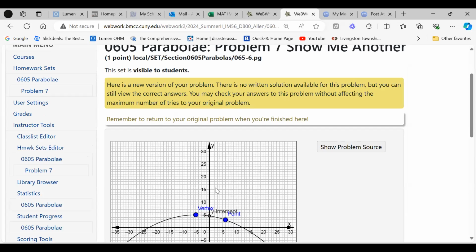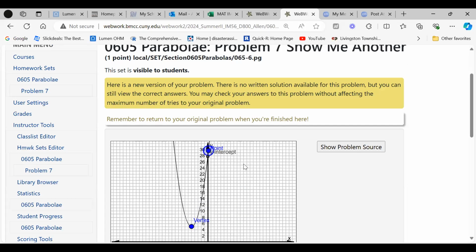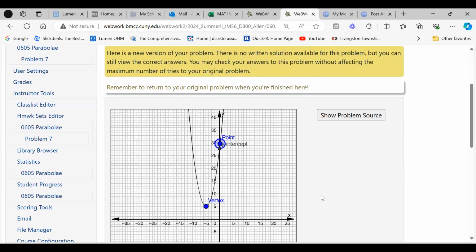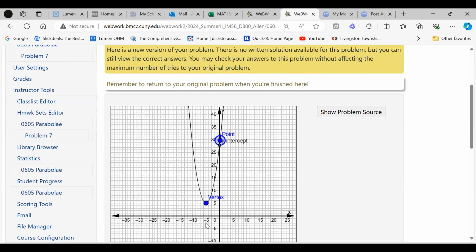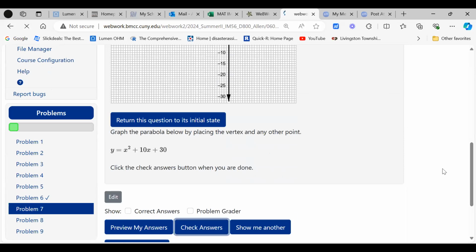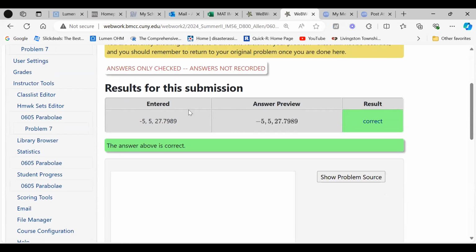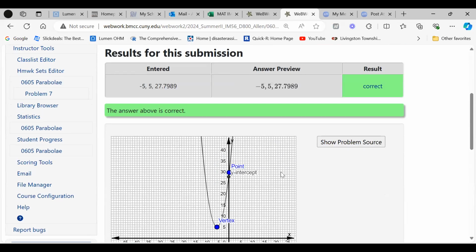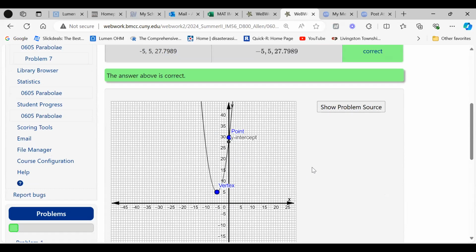It's going to be here. Yep, I think that's right. So now once you have (negative 5, 5), and then (0, 30), that should do it. Yep, it's good, right? Here you go. Any question about this?